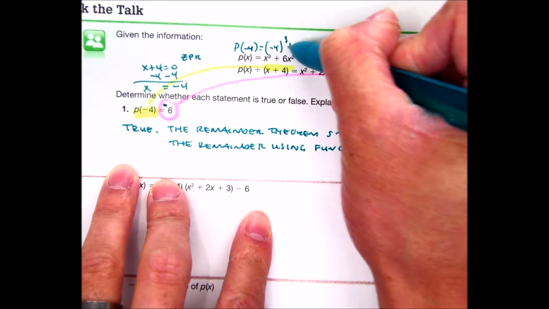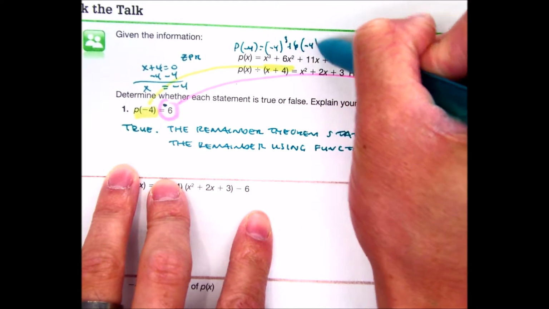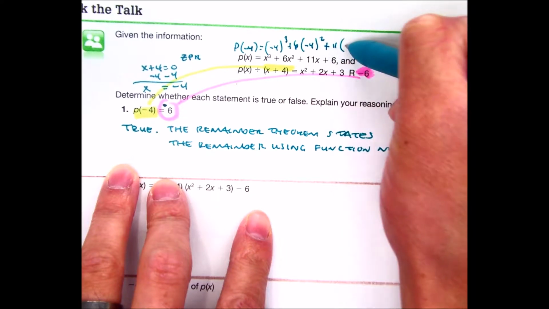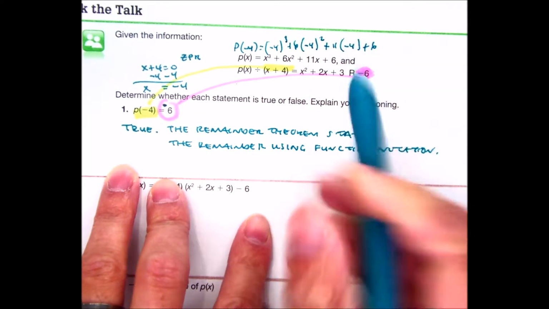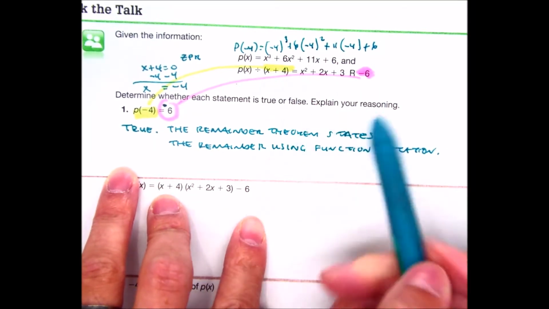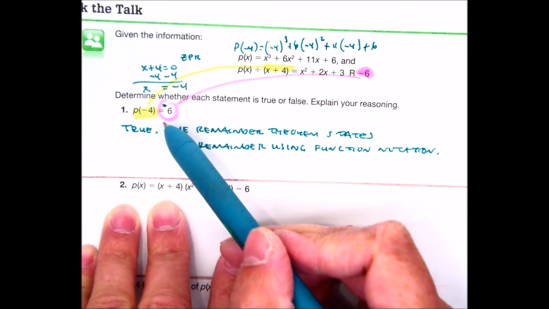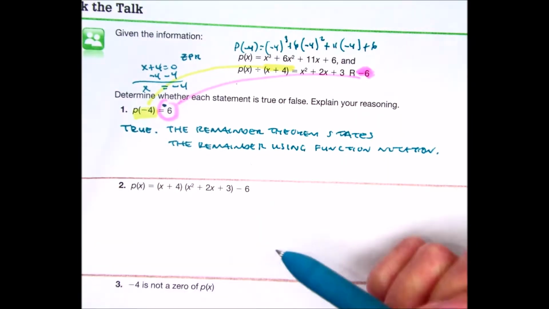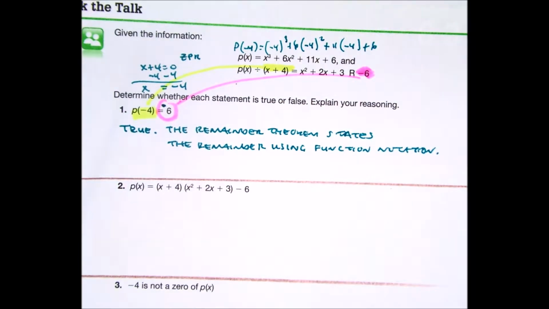-4 cubed plus 6 times -4 squared plus 11 times -4 plus 6. If I evaluate all of that, I should get -6. Let's double check that.